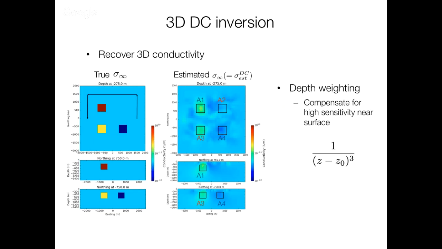So let's first of all invert the DC resistivity. Here's the true conductivity. If we invert the DC resistivity, we get an estimated conductivity model that looks like that. So that's not too bad. It's brought out these two conductors, got a resistor here, and if we did a cross section, we get something that looks like that.